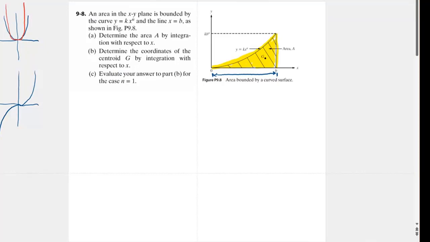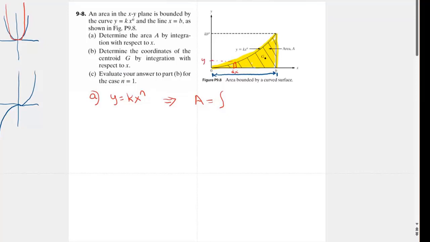Okay. Determine the area by integration. Well, we know that this is y equals k x to the n. If I want to find the area of that, the area is going to be the integral, where this is dx, the width of that, like our delta x, and the height is going to be our y value.